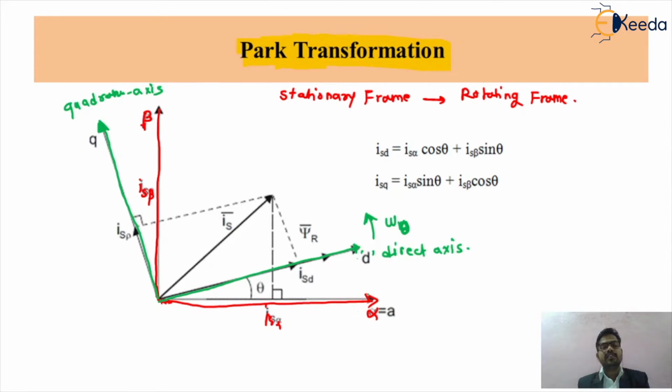Basically this was the stationary frame. Now this is the rotating frame, because the whole phase of the induction motor is continuously rotating, so we are converting the stationary frame quantity into a rotating frame quantity.